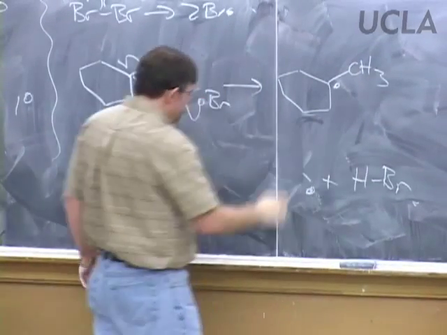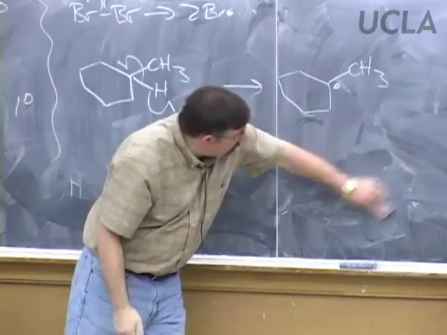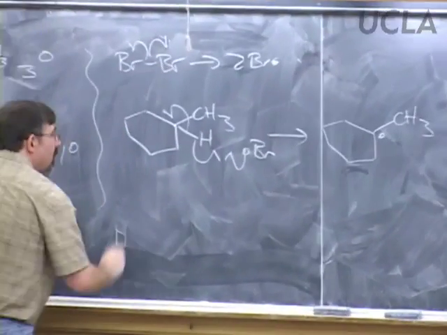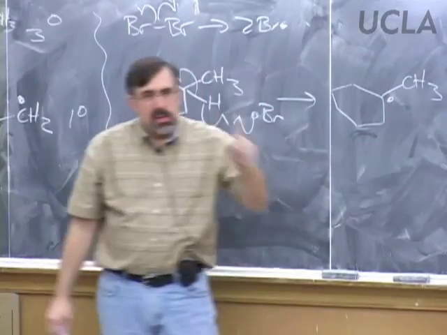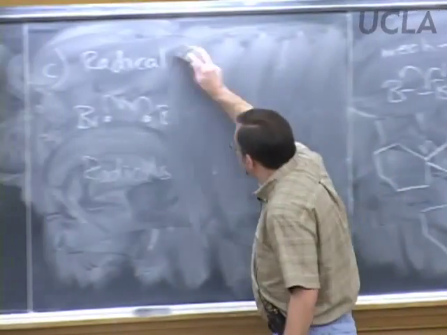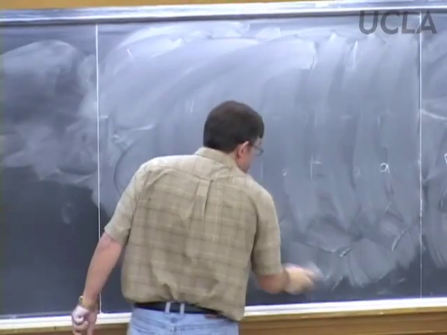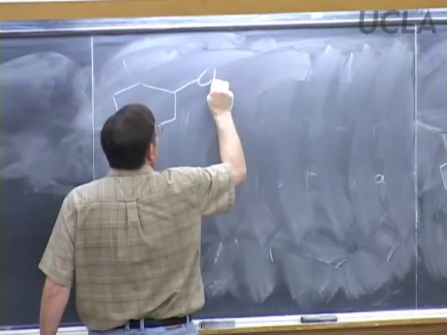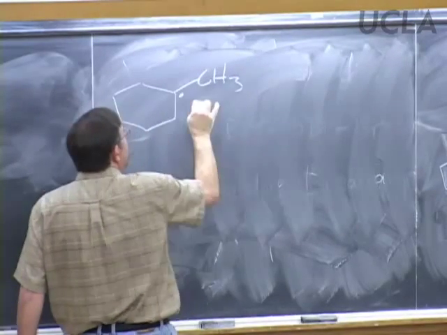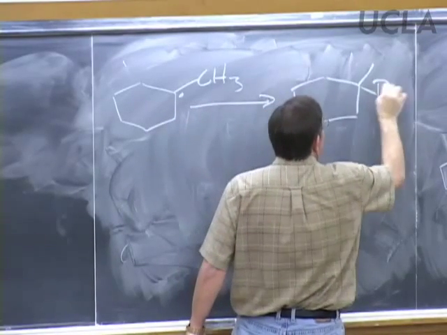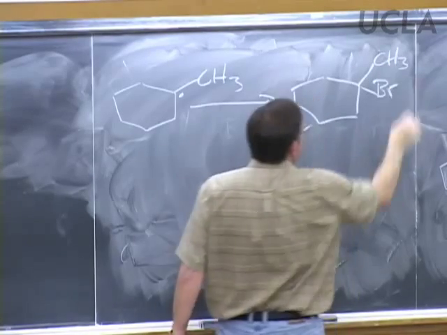And now we need to come up with the next step in the mechanism. Our next step is to get this guy to become the product. We can do it in one step. All right, how are we going to do that? We want to take that radical and convert it into that bromine.